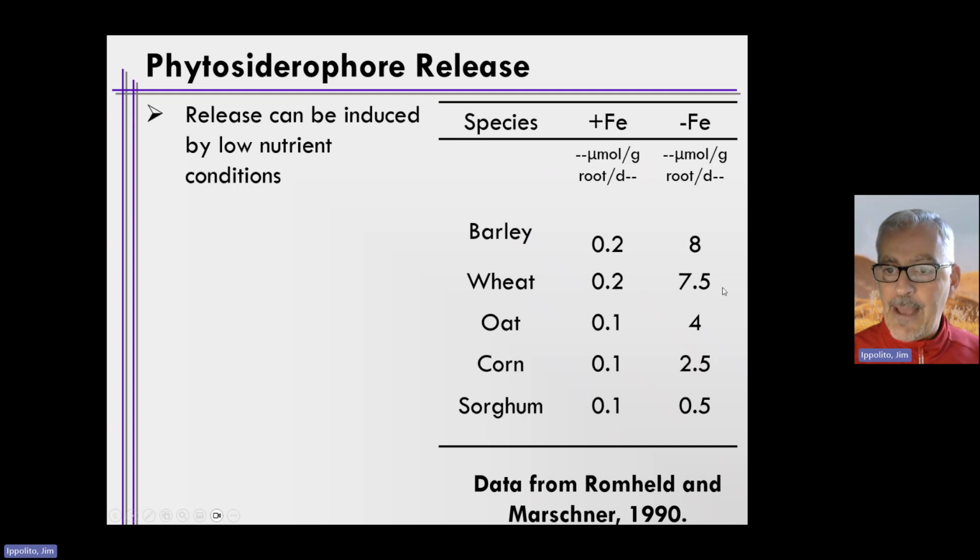But when iron was absent, the concentrations of phytosiderophores that were created increased tremendously. And this was some early work that helped to prove that phytosiderophores were created by plant roots themselves when the plants themselves were perceiving an iron deficiency.